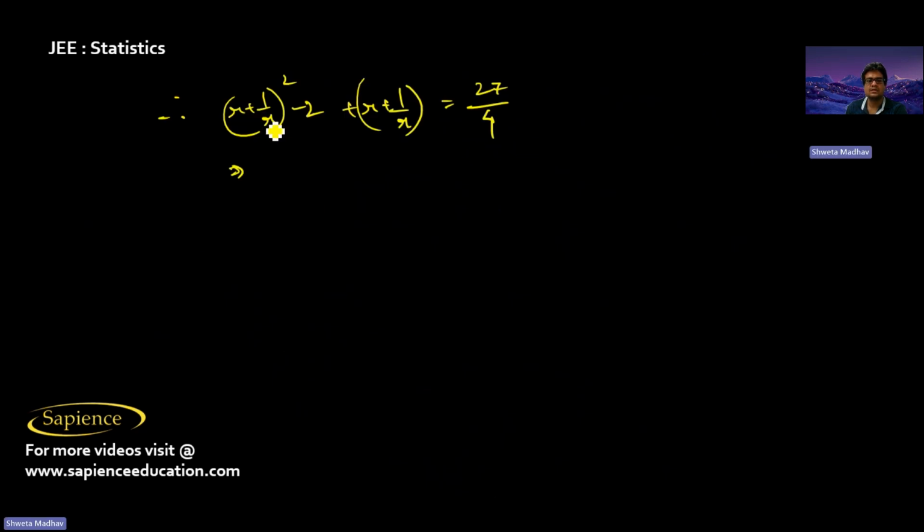So if I take r plus 1 by r as t, t square plus t minus 2 minus 27 by 4 is equal to 0.